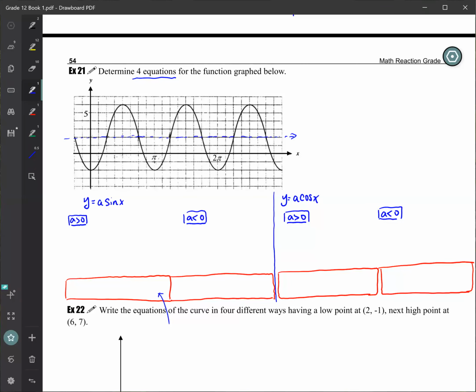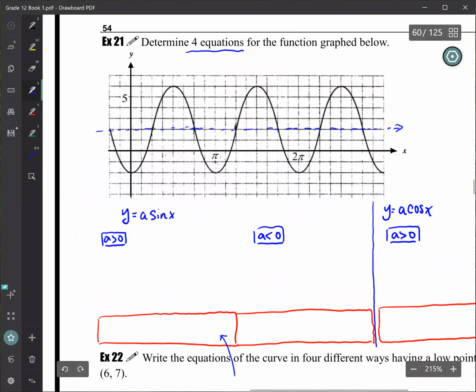So where do we draw the first one? William? Where did you draw the y-axis for the first equation? Can you draw it on the screen?